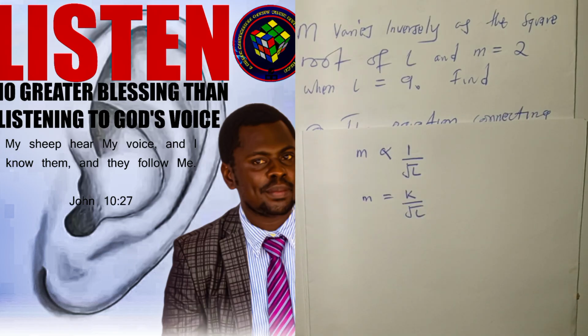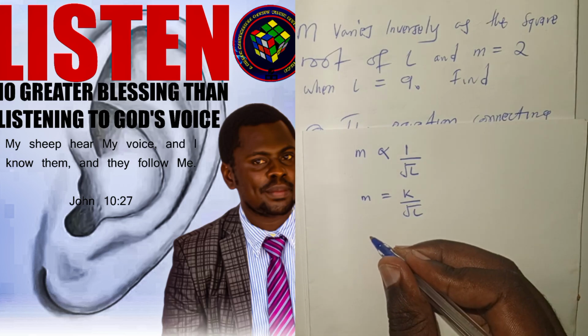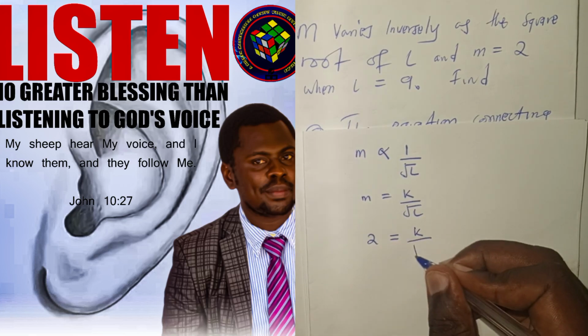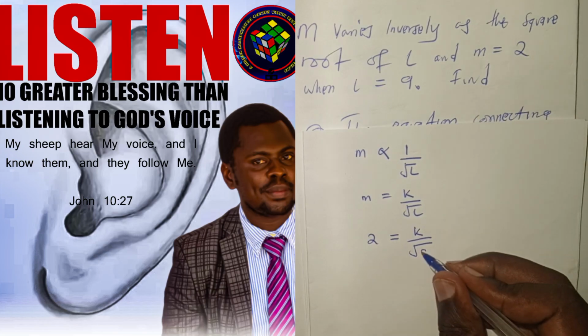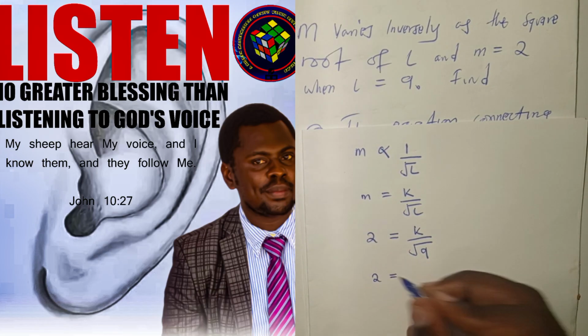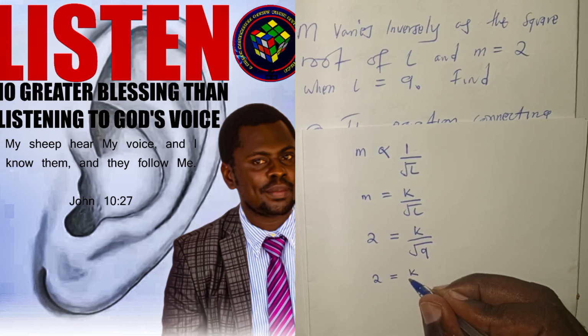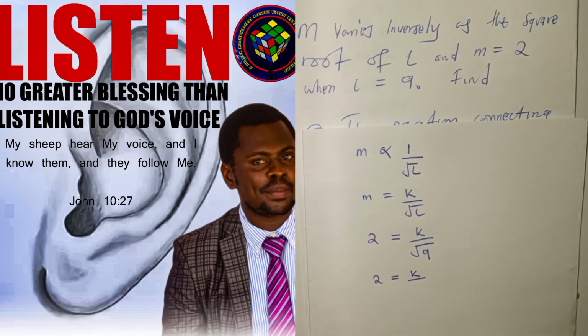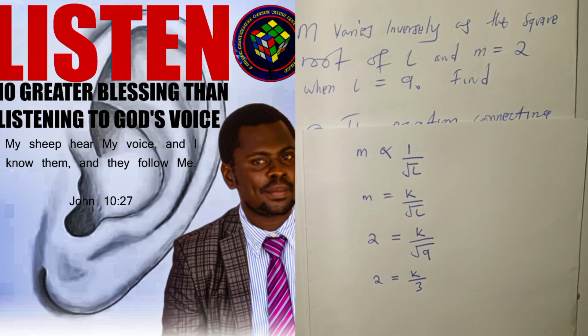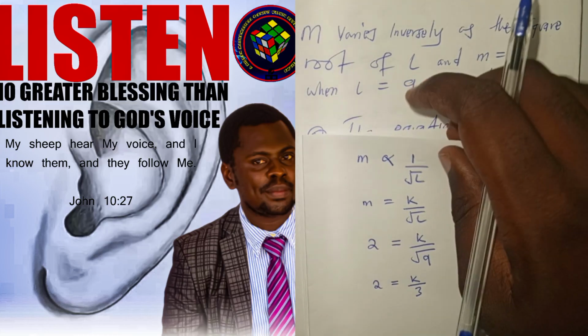So those are the substitutions we are going to make, so that we come up with the value for k. So m is 2, so where there is m we put 2, so 2 is equal to k over the square root of 9. What's the square root of 9? The square root of 9 is 3. So we have 2 is equal to k over 3.